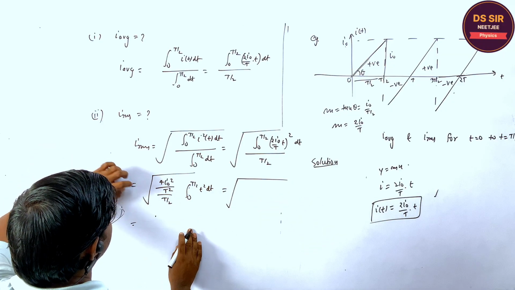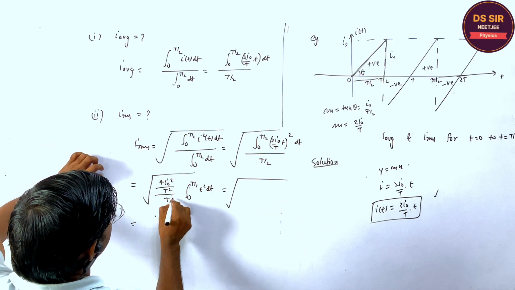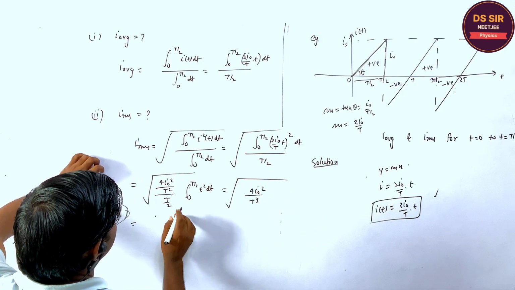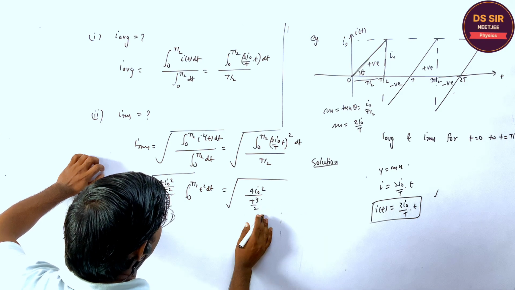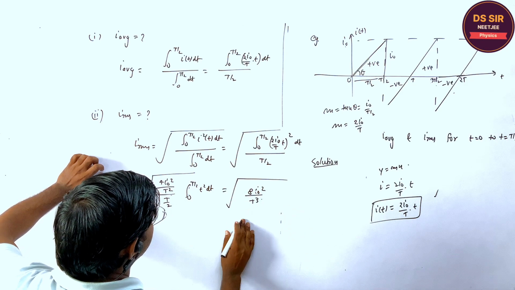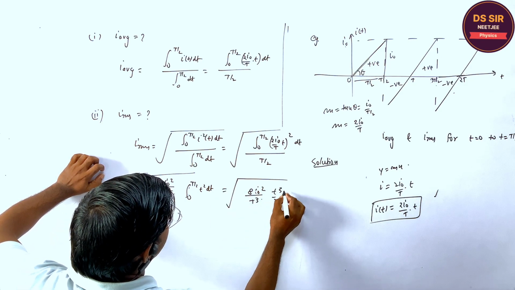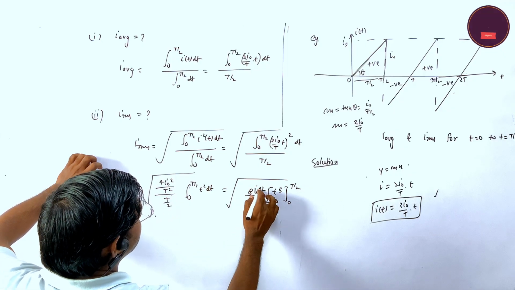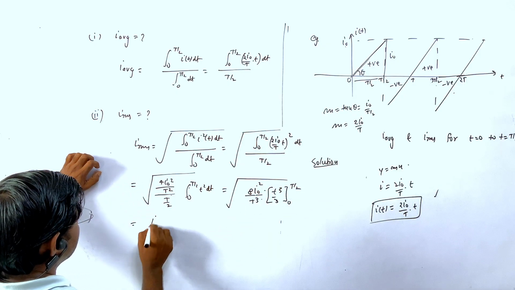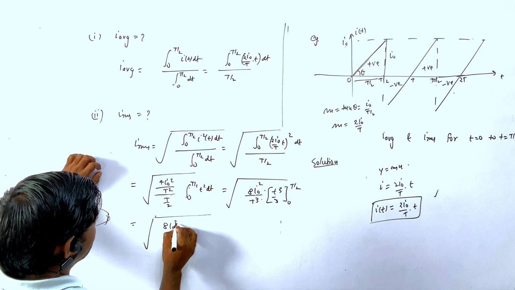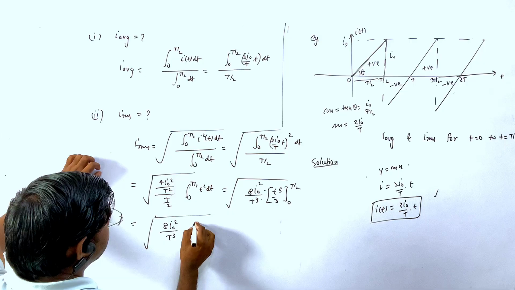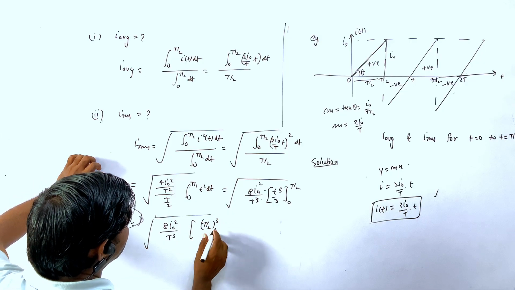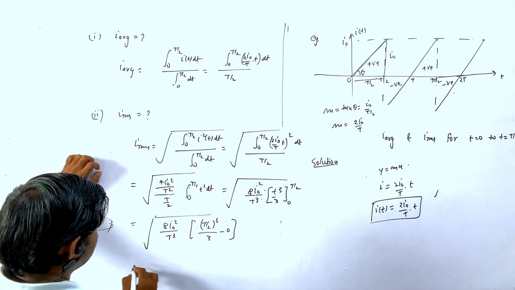Now you can simplify this, right? This is 4I naught squared upon T cubed divided by 2, and it will go out, right? And this is t cubed upon 3 from 0 to T/2. This is the I naught squared, right? So in the integration, this is I naught squared upon T cubed, (T/2) whole cube divided by 3 minus 0.